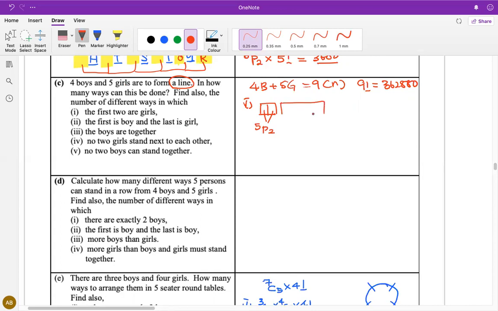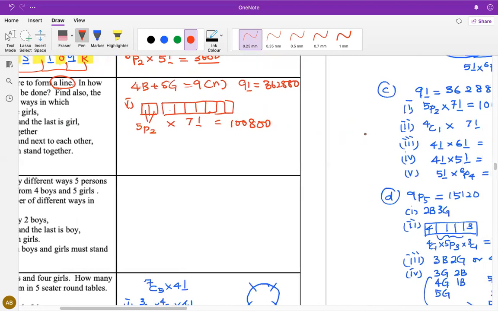And then there are 7 left, 1, 2, 3, 4, 5, 6, 7, 8, 9. So it's 7 factorial. So 5P2 times 7 factorial. So you get 5P2 times 7 factorial.